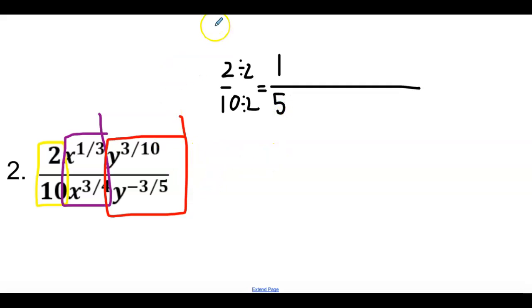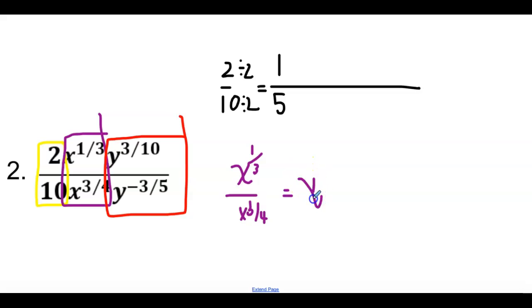Okay, next we're going to go to our other pieces. I'm just going to do a little side work with the x's. So again, when I have an x to the 1/3 divided by x to the 3/4, the exponent rule is that I will subtract. So I will rewrite this.